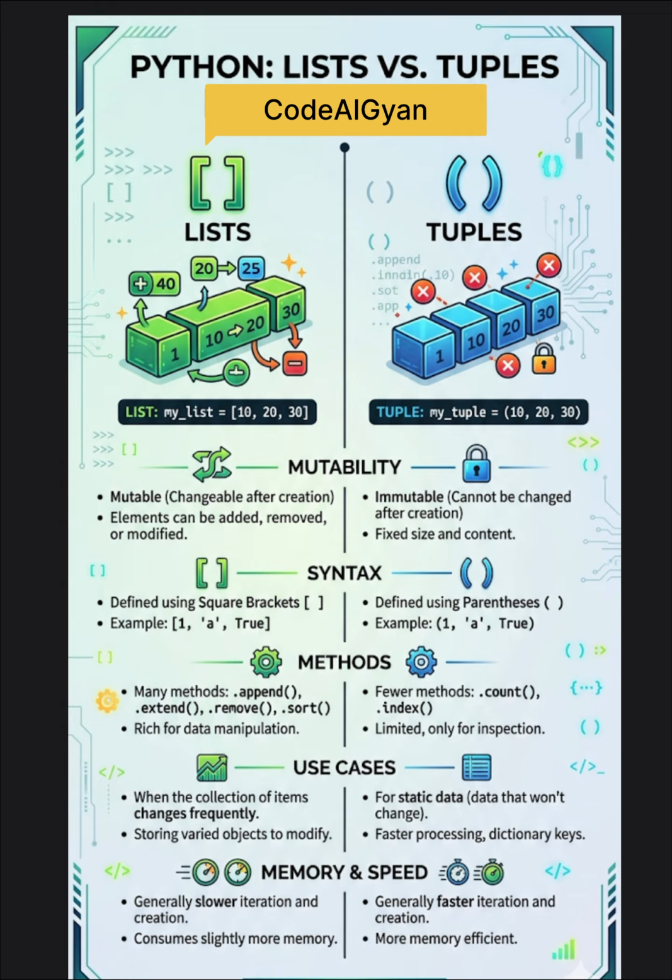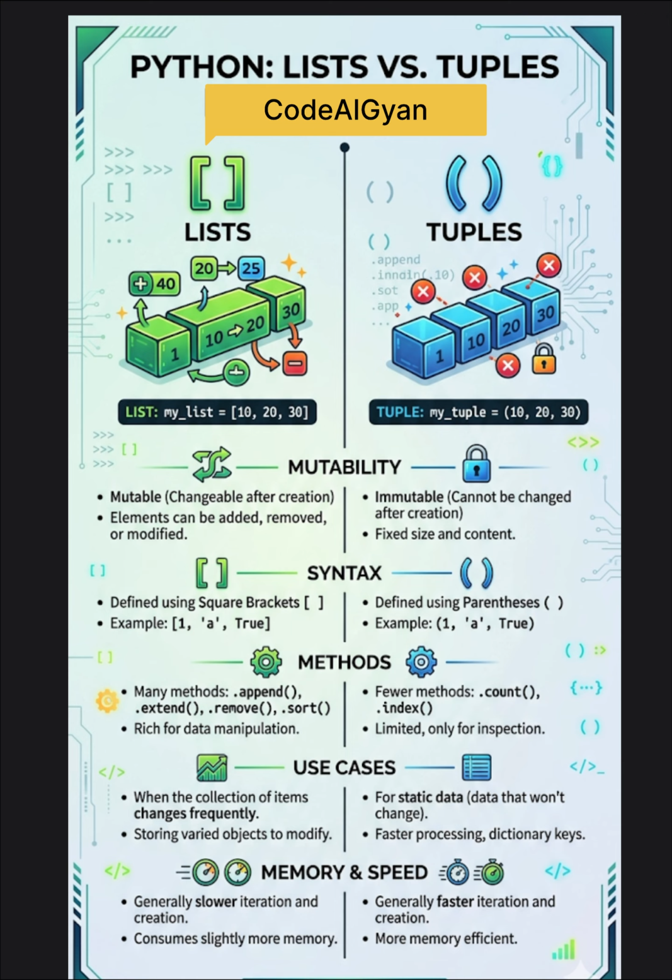You can modify this 10 to 50. Then my list will be carrying the elements 50 20 30. But in the case of tuple, it is immutable in nature. So in the tuple you cannot change this value after the creation, right? So the value will be fixed and the content will be fixed, you cannot change.